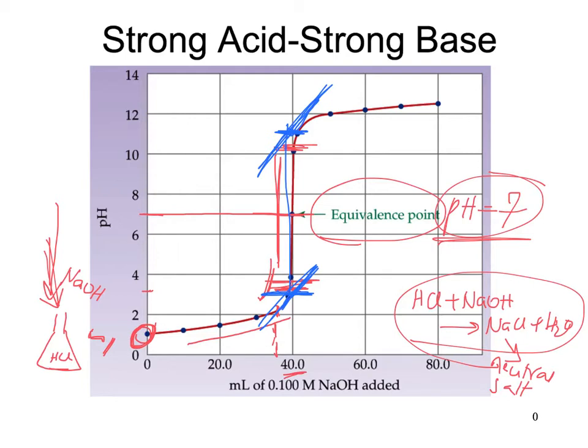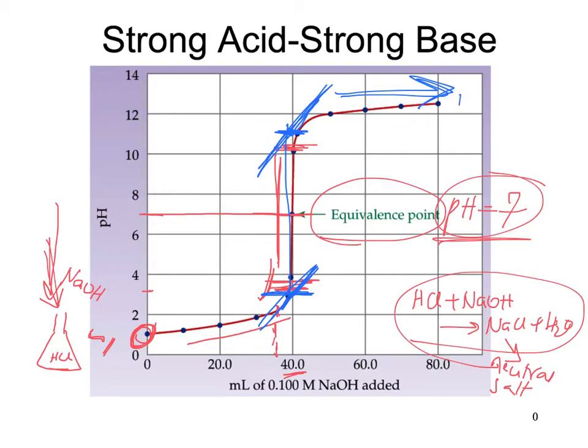Now, if you continue to add the base in this region, of course, now your solution is neutral, so any additional sodium hydroxide that is added is going to give you a basic solution, because HCl has been completely neutralized, and so excess base is just being added.